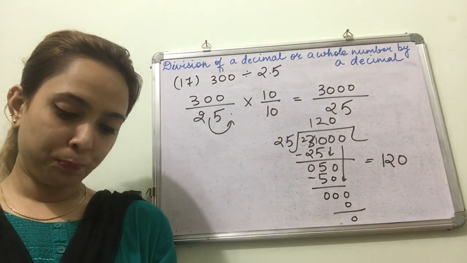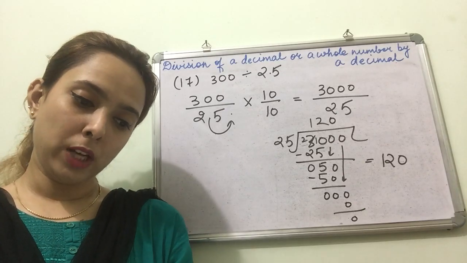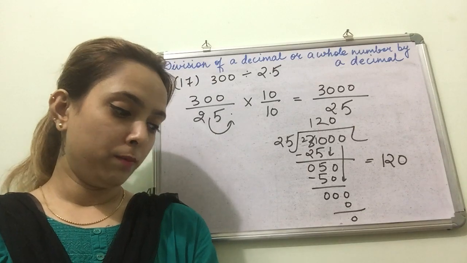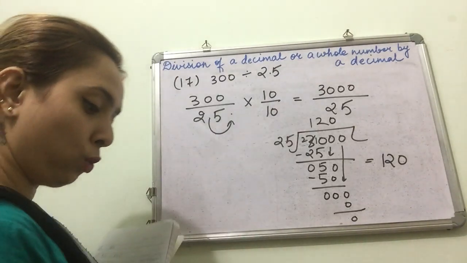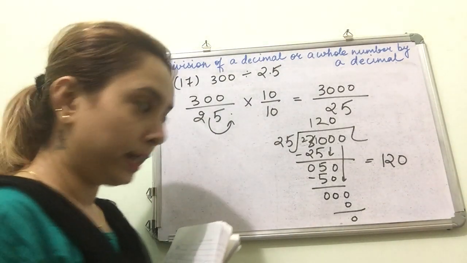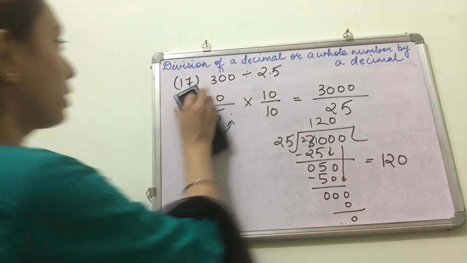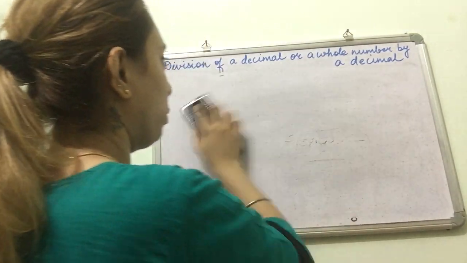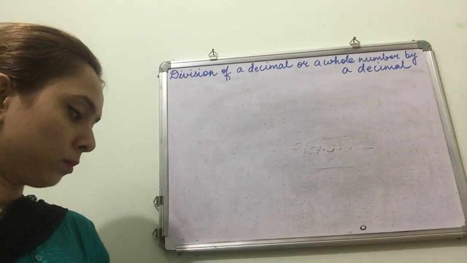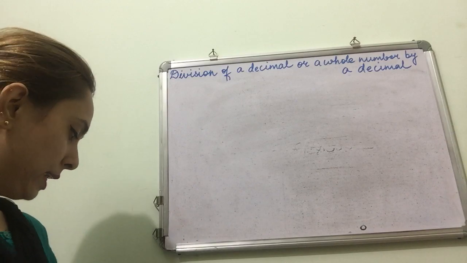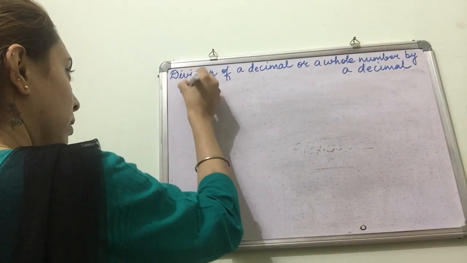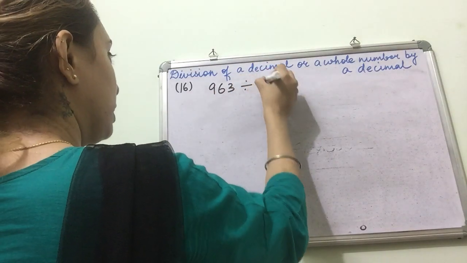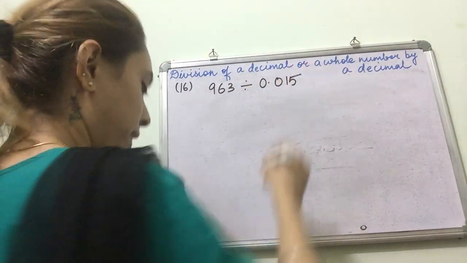These were the simple questions which I have explained, and you can solve these questions. One more example I would like to explain of a whole number is exercise 5.16. Let's take the 16th sum. 963 divided by 0.015.